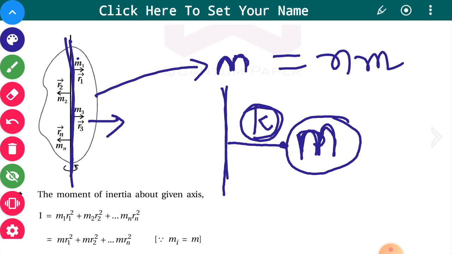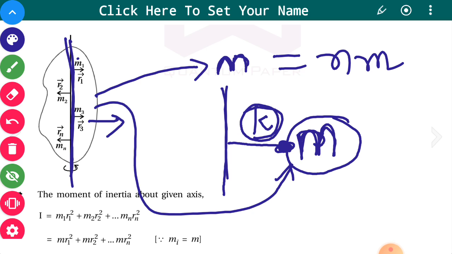You are representing the whole body as a particle whose mass is the same as that of the body, and the axis of rotation is also the same as that of our original rigid body.